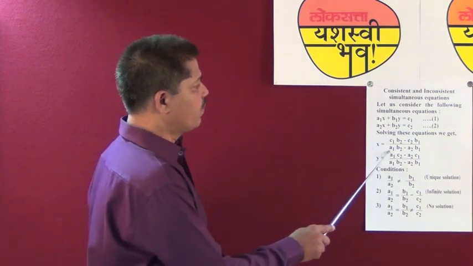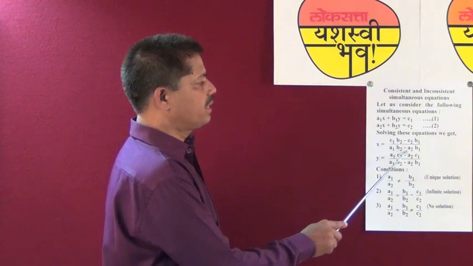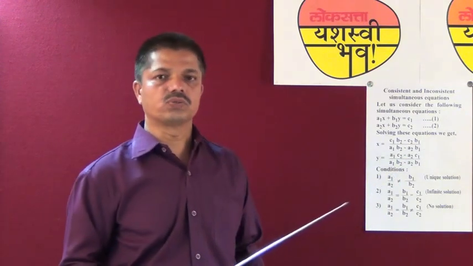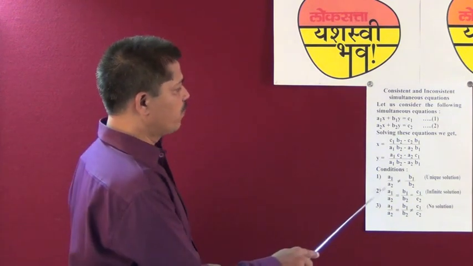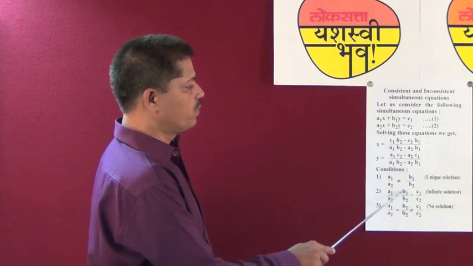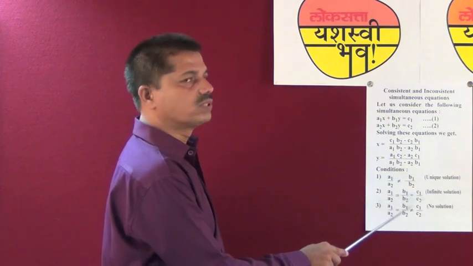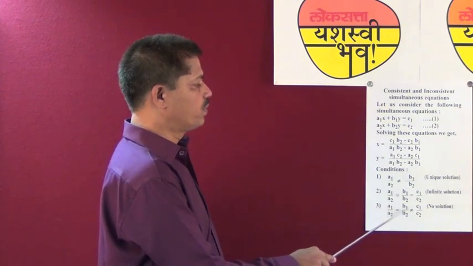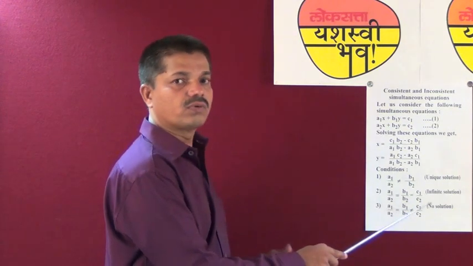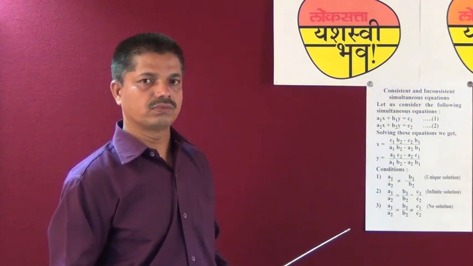Whereas if a1 b2 minus a2 b1 is equal to 0, we arrive at two conditions. First one, a1 upon a2 is equal to b1 upon b2 is equal to c1 upon c2, and second, a1 upon a2 is equal to b1 upon b2 is not equal to c1 upon c2.